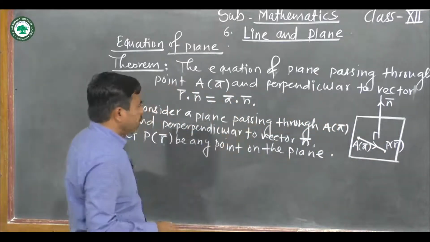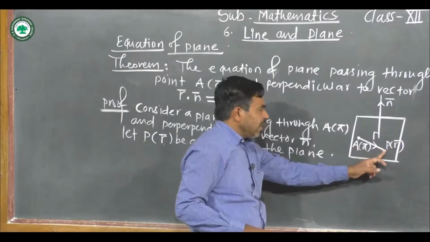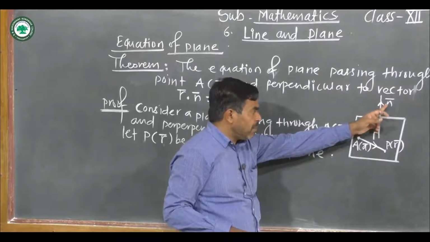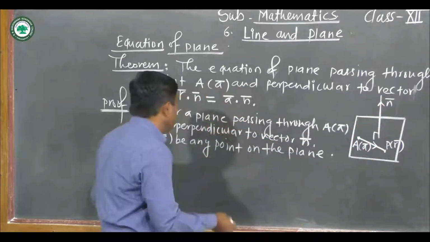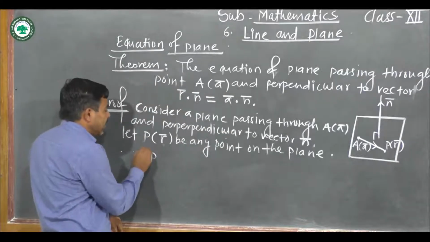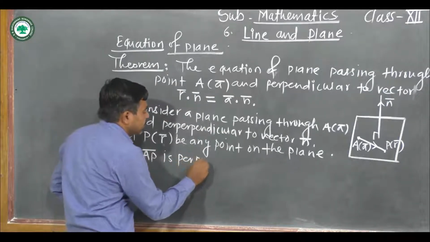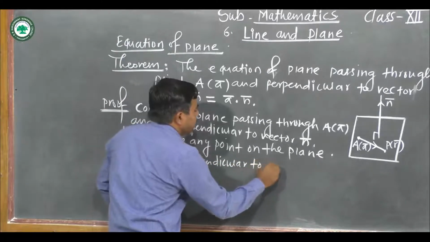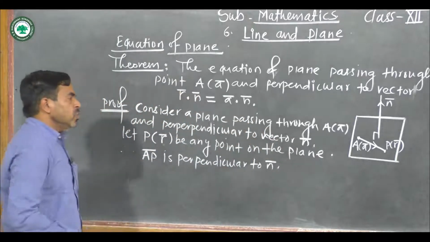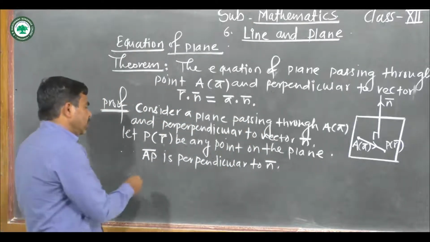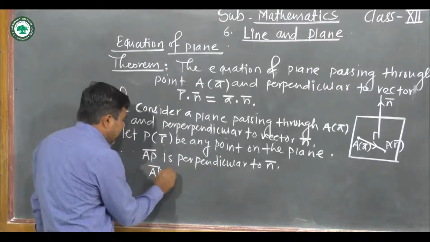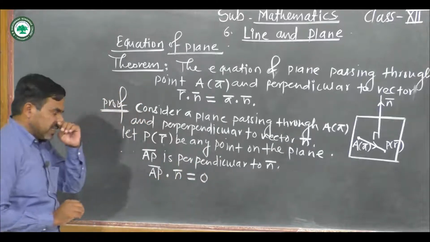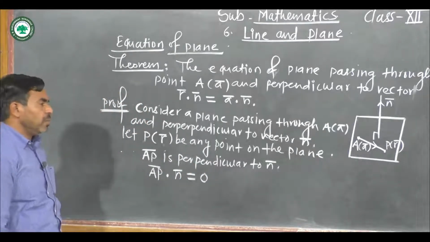If you observe the figure, this AP bar lies in the plane, and to this plane n bar is perpendicular. So n bar and AP bar are perpendicular to each other. Therefore AP bar is perpendicular to n bar. As AP bar is perpendicular to n bar, the dot product of AP bar and n bar is equal to 0, because we know that if any two vectors are perpendicular to each other, then their dot product is 0.